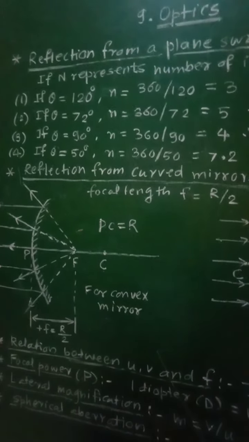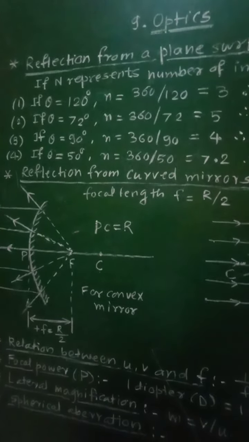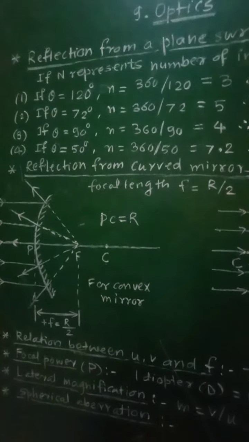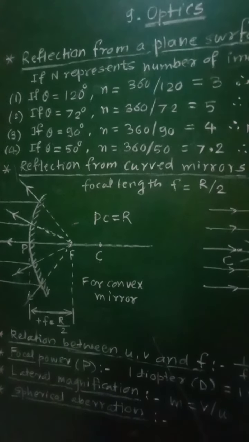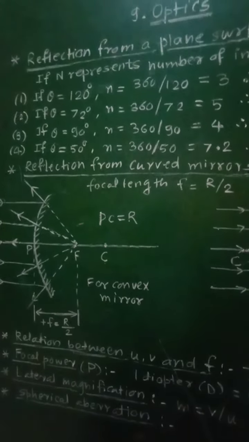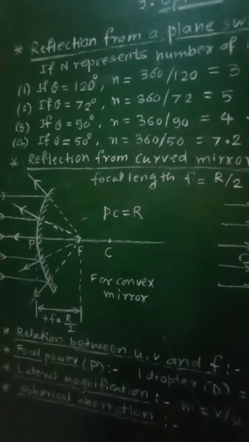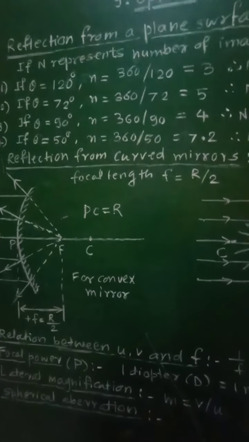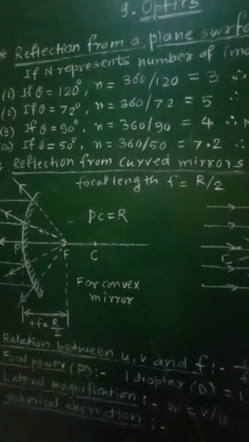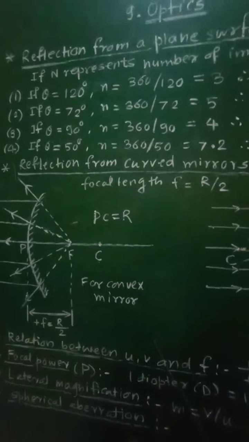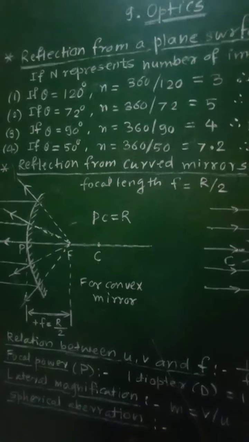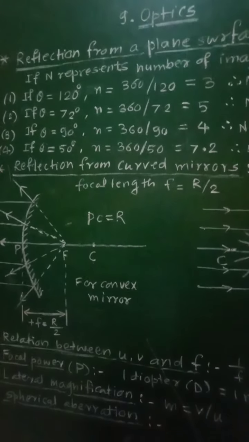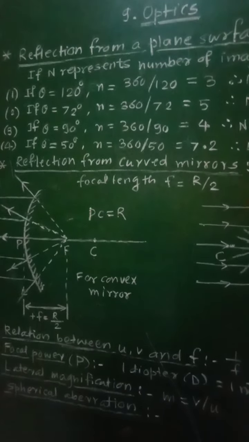Laterally inverted means if you observe our image in the plane mirror, then our right side will be observed as left side and left side will be observed as right side in that image formed by the mirror. So this is a laterally inverted image. Now it is of the same size. That image will be of the same size as that of the object, and it will be on the other side of the reflecting surface.